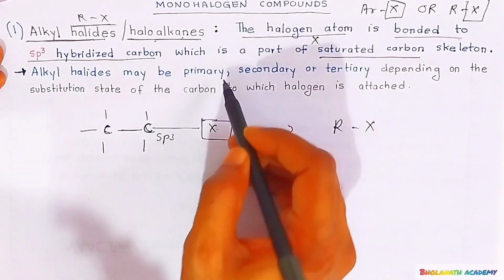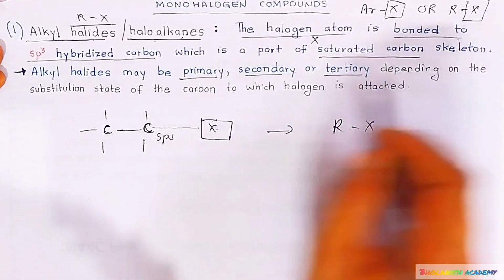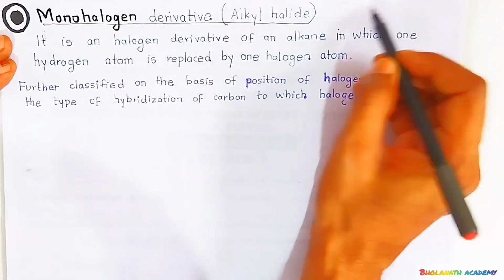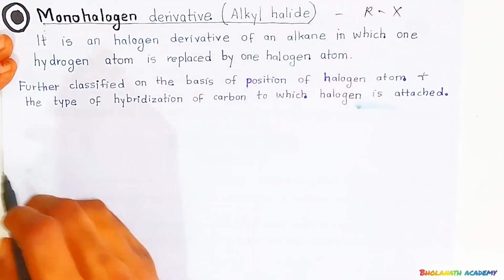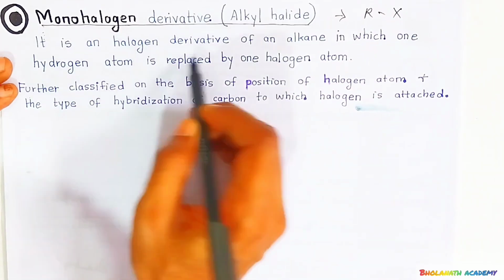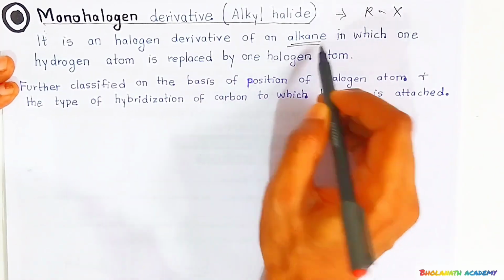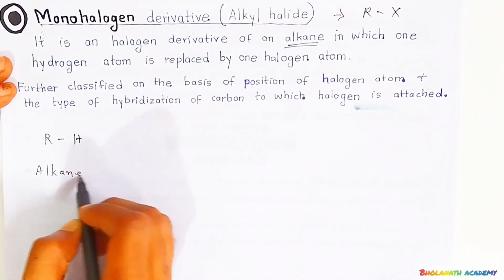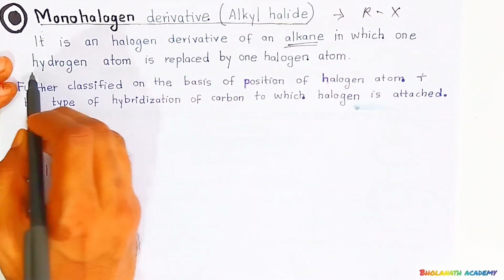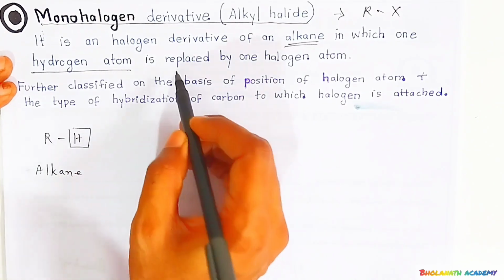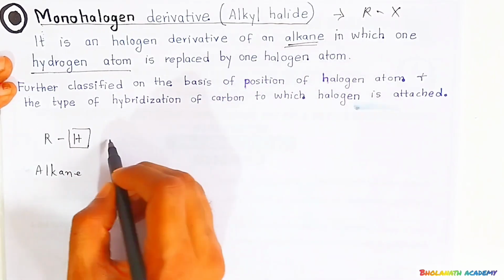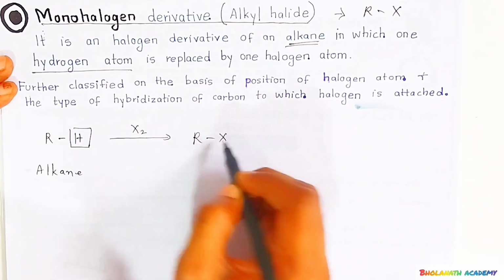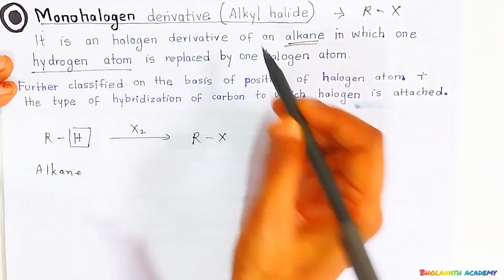Alkyl halides may be primary, secondary, or tertiary, depending on the substitution state of the carbon to which the halogen is attached. Alkyl halide, students, is the halogen derivative of alkanes. This is the symbol of an alkane. When one hydrogen atom is replaced by one halogen atom, the compound obtained is called a monohalogen derivative.